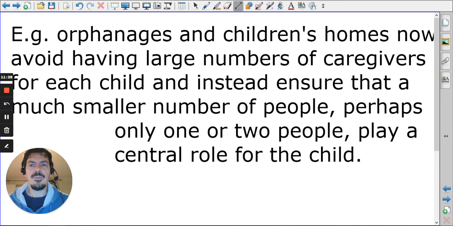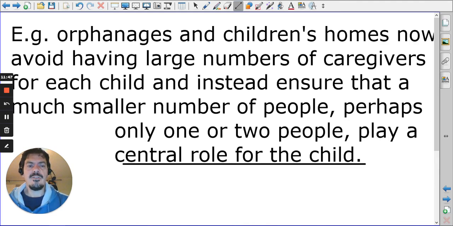We know, for example, that we have fewer children's homes, and we avoid having a large number of carers for each child, and we make sure that there is at least 2 or 3 people who are specifically there to look after the child.